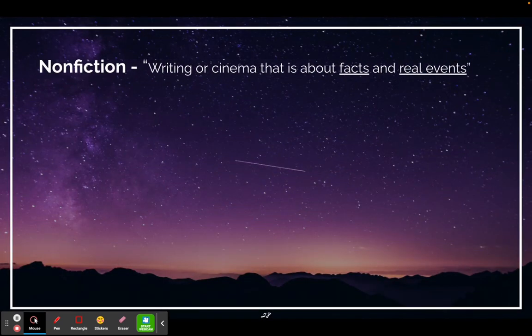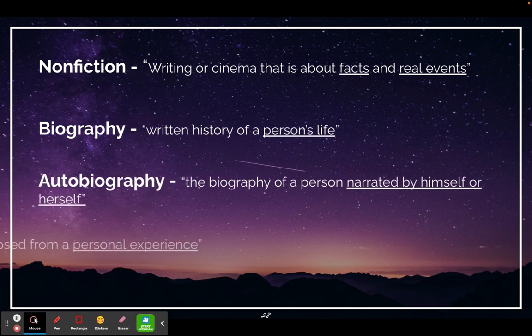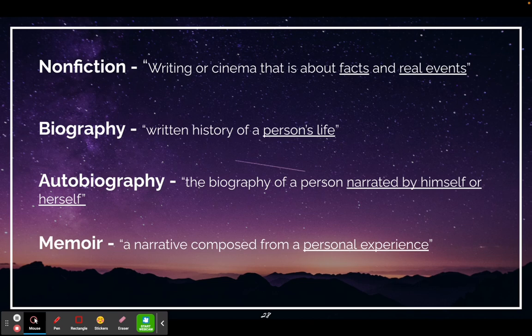Within nonfiction, we're talking about real facts, real events, real people, real things. When you're looking at nonfiction, we're going to be looking at this area: biography, autobiography, and memoir. And I'm just giving you a quick snapshot of what the differences are. A biography goes over a person's entire life. It's a written history of it.